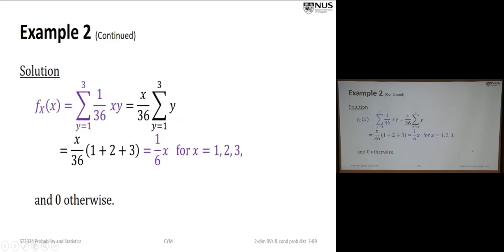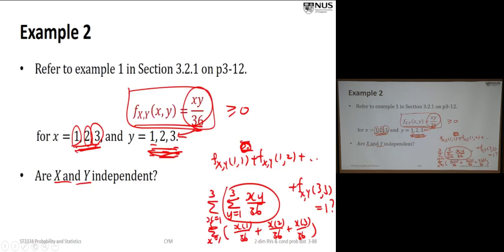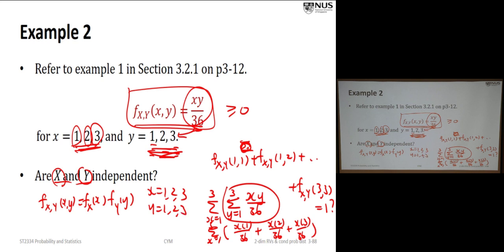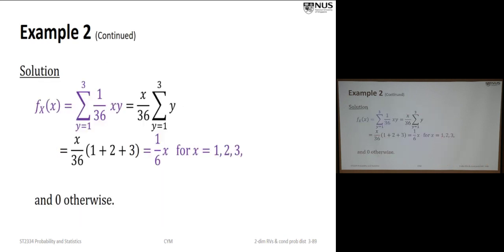All right, so now, how do we get independence? We just learned that in order to show that these two are independent, what we need to show is that this holds for all x, y, with x equal to 1, 2, 3 and y equal to 1, 2, 3. So we have to show this is true for all x equal to 1, 2, 3, and y equal to 1, 2, 3.